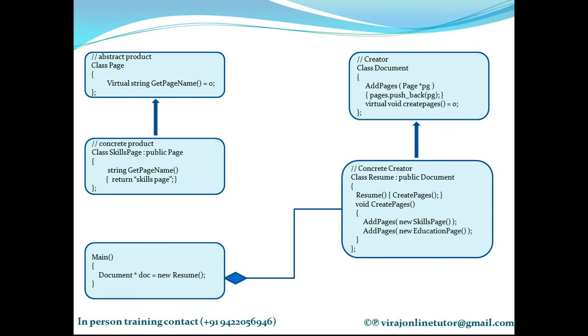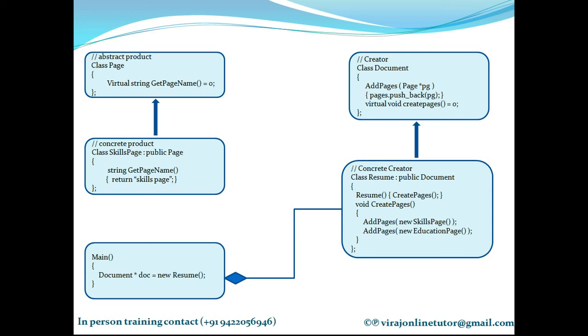The second time when you can use this factory method is when only creating an instance is not sufficient. The object has to be initialized with some data which is not available to the client.